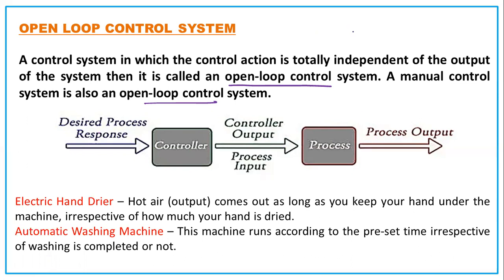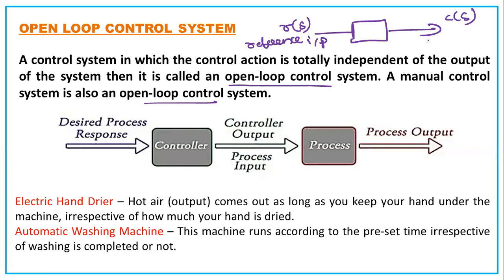Normally, the input is represented by R of S, that is the reference input, and the output will be C of S, that is the desired output. Okay, and this is the open loop control system.